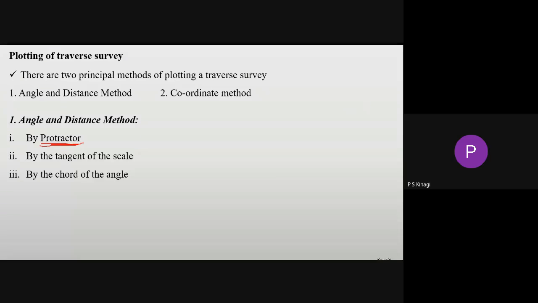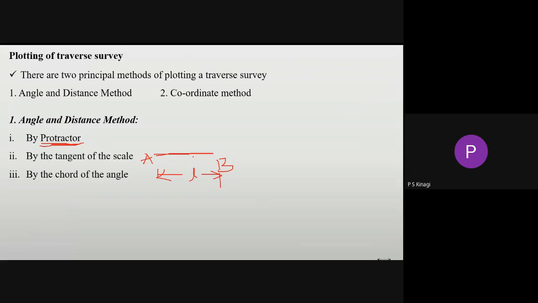Then the second one is by the tangent of an angle. Here it is very simple. It is basically related to trigonometric relations. For example, this is our AB line, A and B. We have to measure the distance, for example, small l or small x.